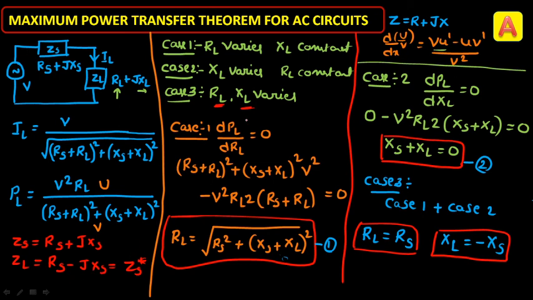So to transfer maximum power from source to load in AC circuits, the load impedance is the complex conjugate of the source impedance. This is the maximum power transfer theorem.